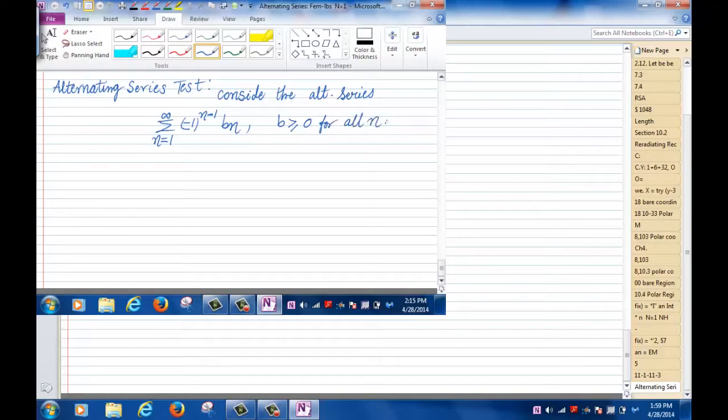So an alternating series always looks like this. You have negative 1 to the n, which keeps track of the alternating signs, multiplied by a positive term, like 1 over n. In our first example, what was bn? 1 over n, right? You guys understand what I'm saying?